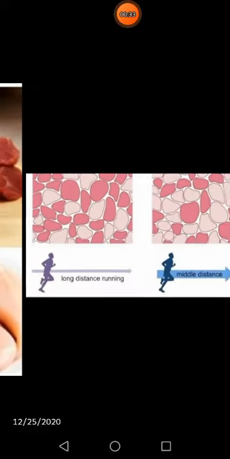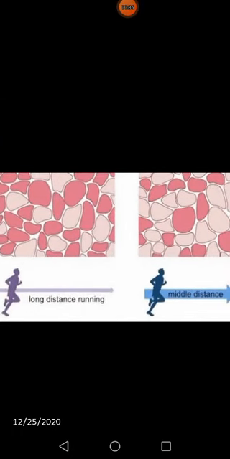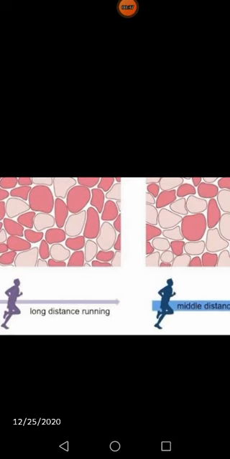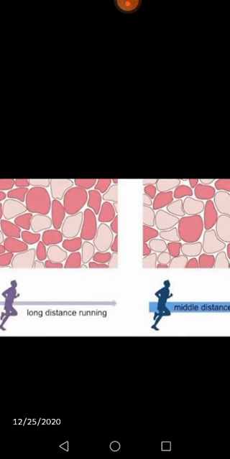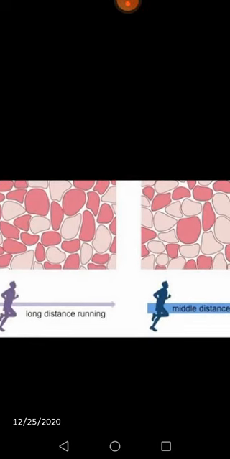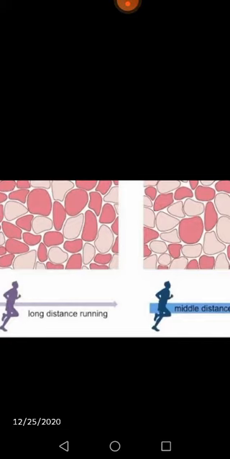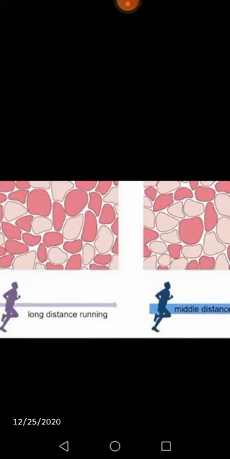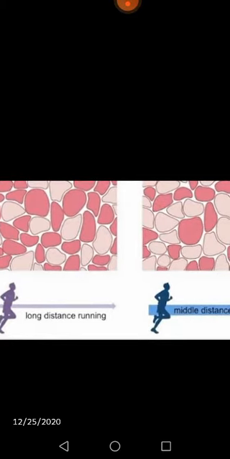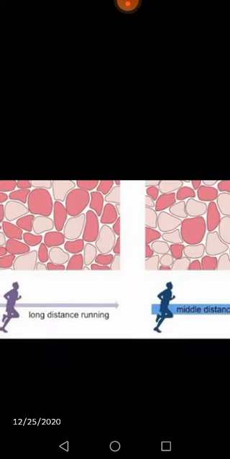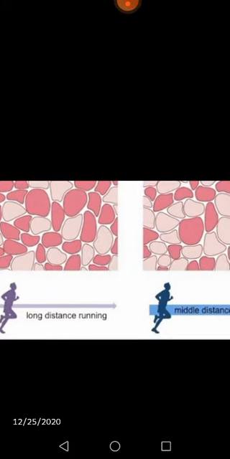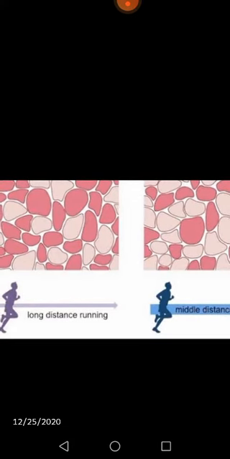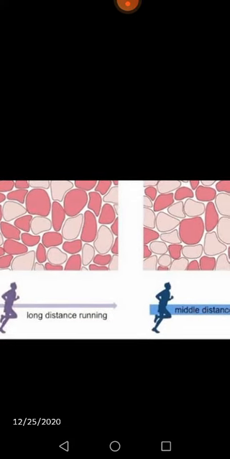Here in this picture, you are now looking at type 1. In the first picture, the type 1 or slow twitch fibers, you can see more red color in the muscle fibers. The reason is they are well vascularized, supplied by an increased amount of arteries, and arteries carry more oxygen, so they appear reddish.